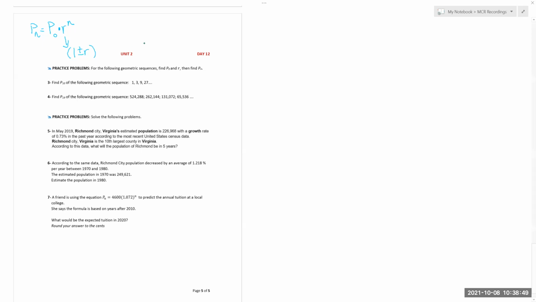So for this one, we're multiplying by 3. How do you get that? Take any one term and divide by the previous, and you're told it's geometric. So our P10 would be P0 is 1 times 3 to the 10th power. And then we would grab that answer out.